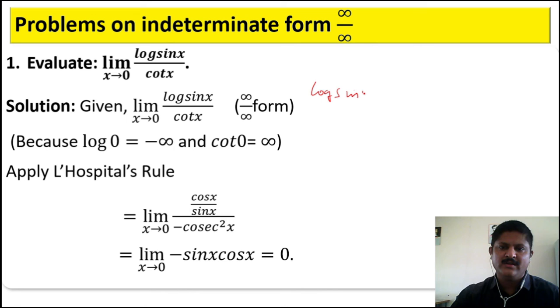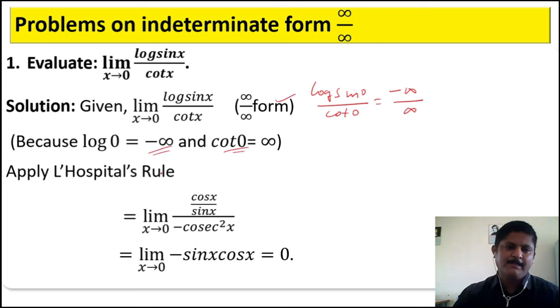Log 0 is nothing but minus infinity divided by cot 0 is infinity, which is nothing but infinity by infinity form. Apply L'Hospital's rule. Limit of x tends to 0, differentiate this, cos x divided by sin x whole divided by minus cosecant square x. Simplify it and apply limit, we get this value becomes 0.